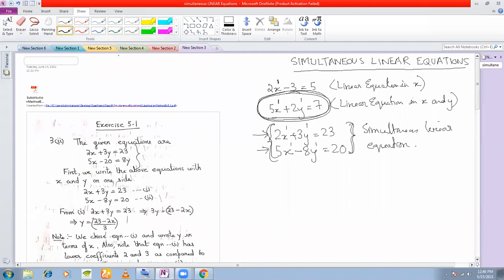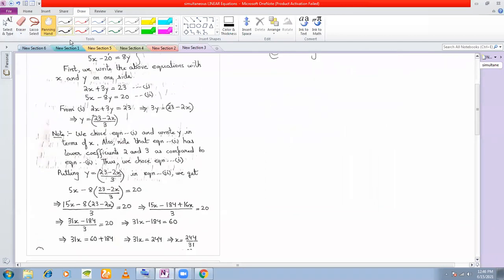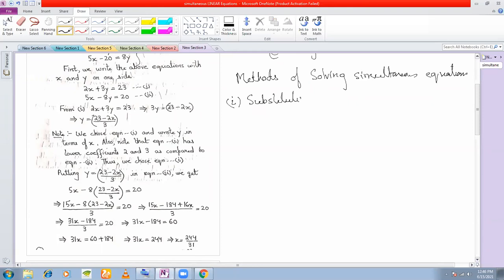Now, what are the methods of solving simultaneous equations? What is the first method of solving? The first method is called the substitution method.